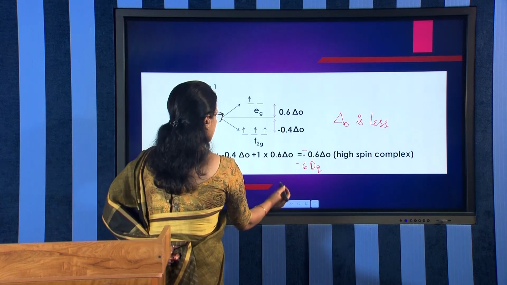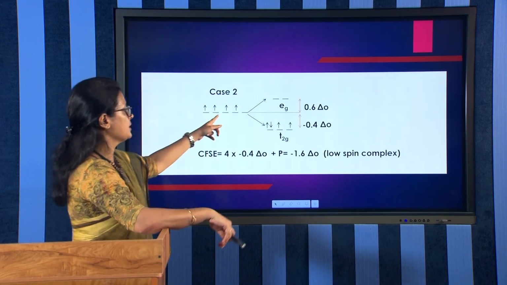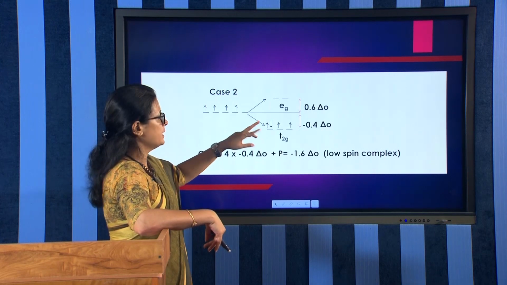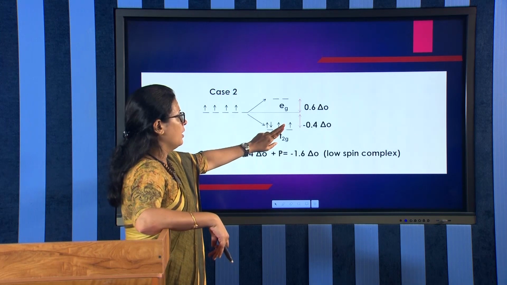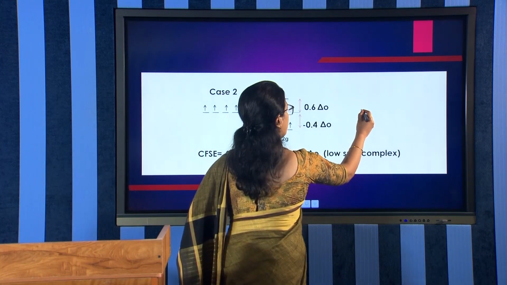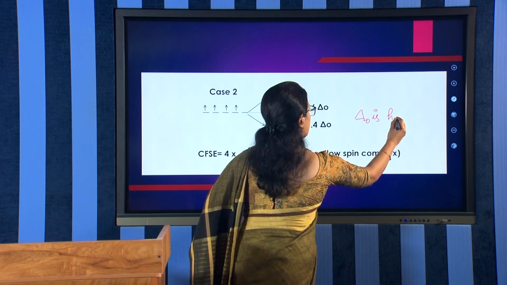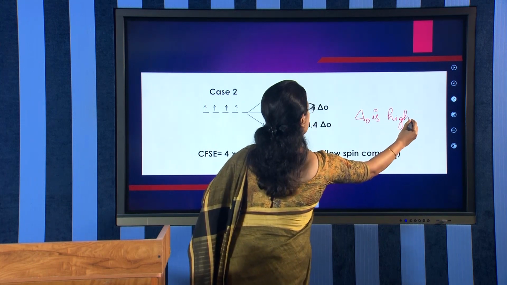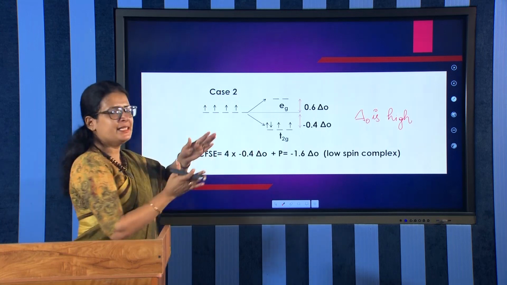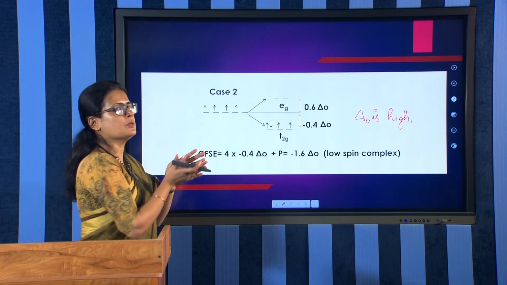And now the case 2, that is the D4 system, again D4 system, case 2, the other possibility is to pair here, right? In this case, delta O is high, which means that the splitting between the T2G and EG is very high.